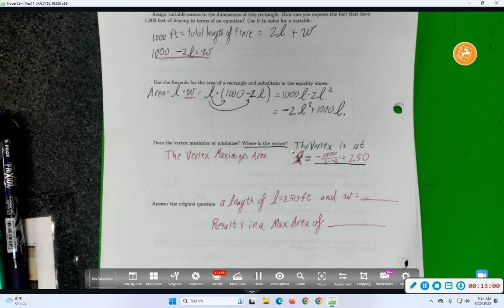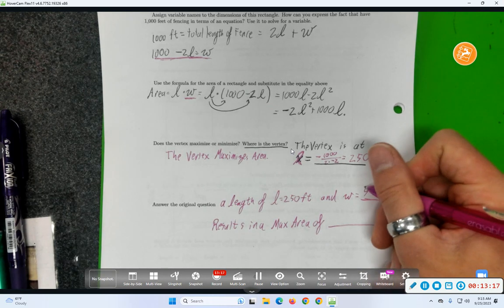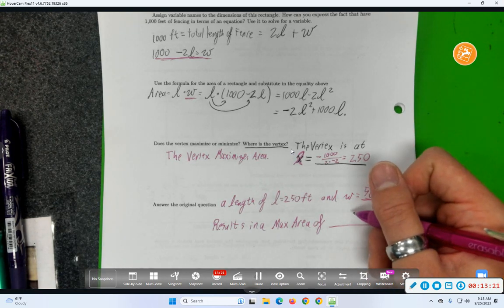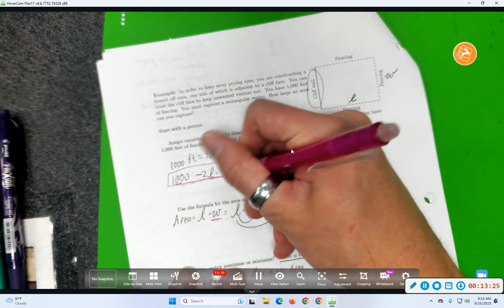So what's the width of this rectangle then? Or just the area? Just tell me one of those two things. Yeah. Width is 500. Why 500? Excellent. We have this formula that tells us the width.